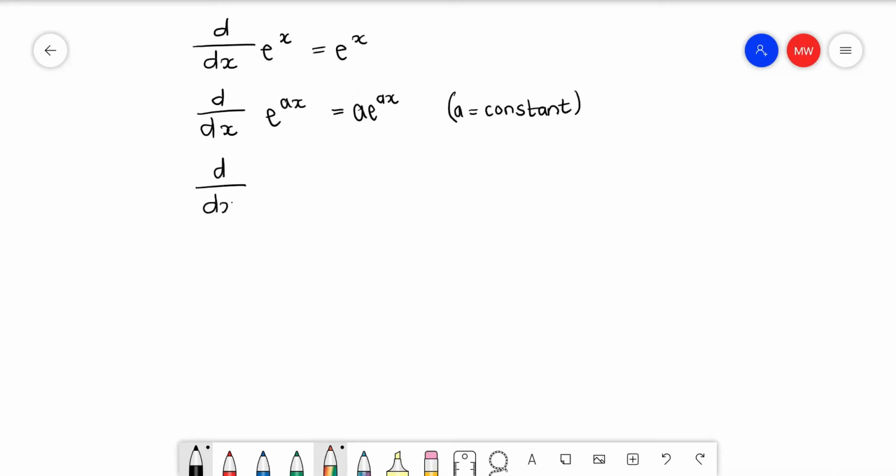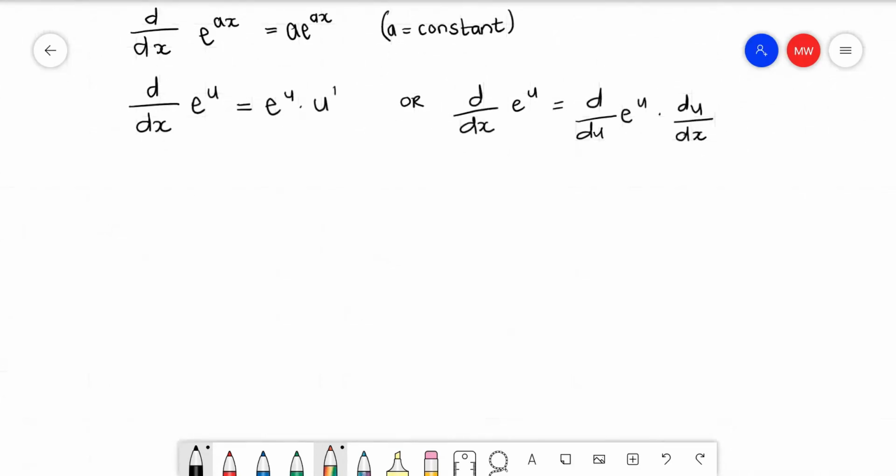Then we could go and say d/dx of e to the power u, where the answer would be e to the power u times u dash. And this is when you have a function inside of that value that would normally be x, a function of its own. Another way of saying it would be d/dx of e to the power u is equal to d/du of e^u times du/dx.